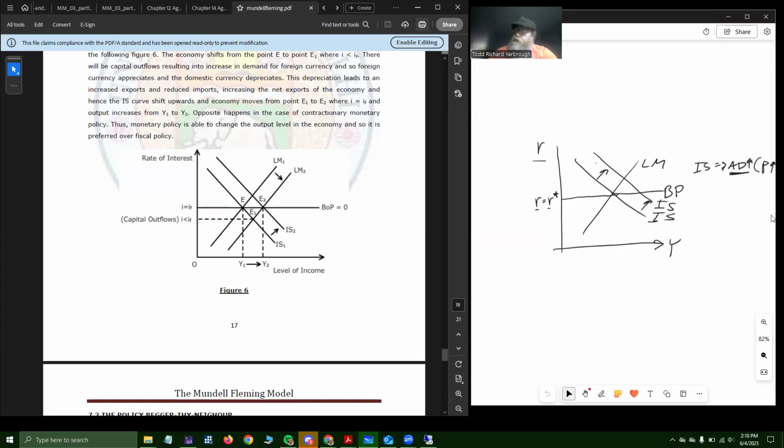And because price goes up, this is going to cause the LM curve to shift back, because real money balances are going down, right? And so that's going to cause this shift of the LM curve in this particular direction here.